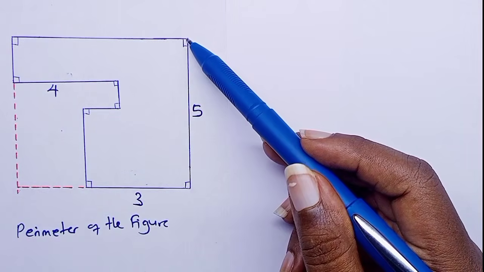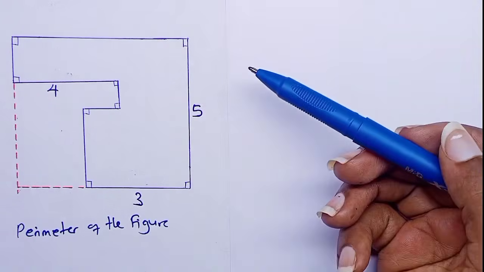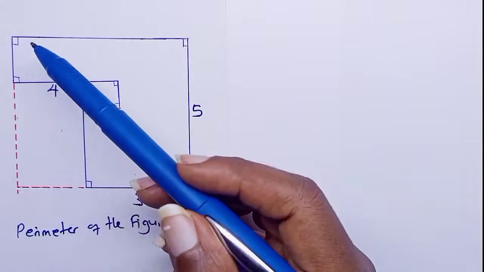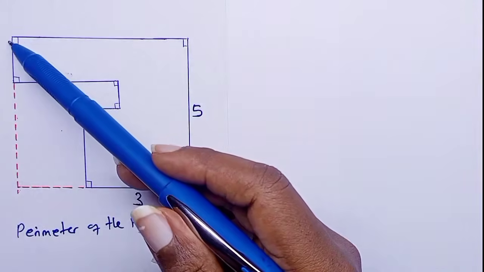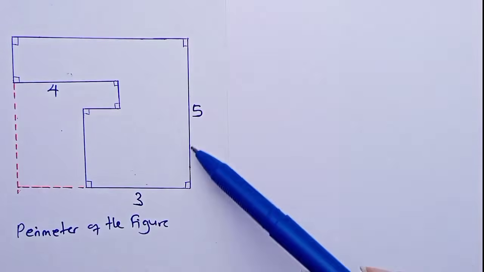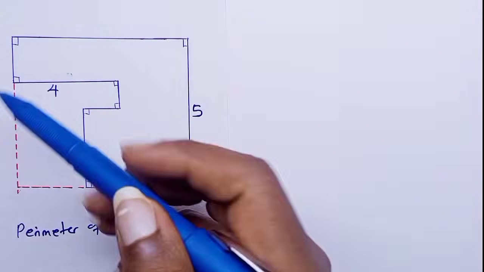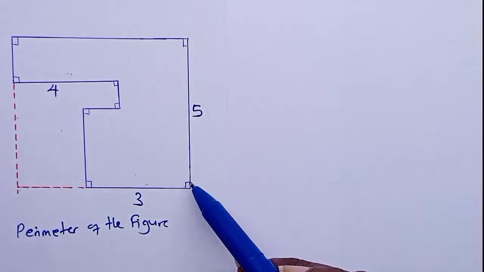Now, as you can see, this vertical line from here to here is 5. Since this is 90 degrees, these are 90 degrees and these are 90 degrees, it implies that this line is parallel to this line. So this side length is equal to this side length.